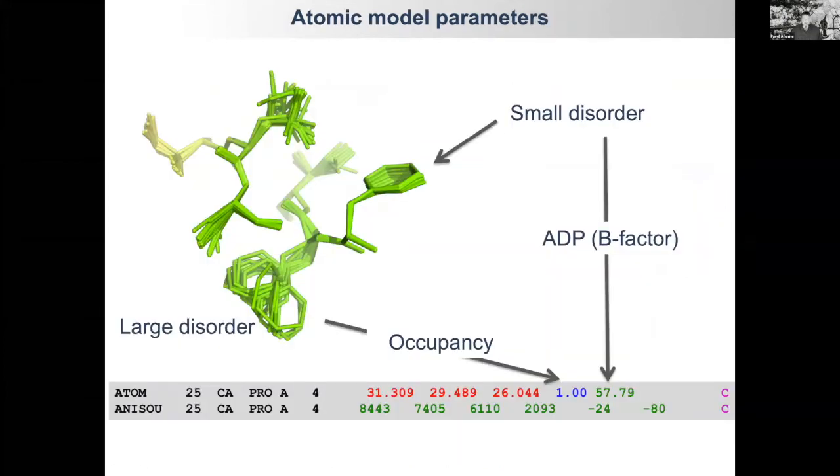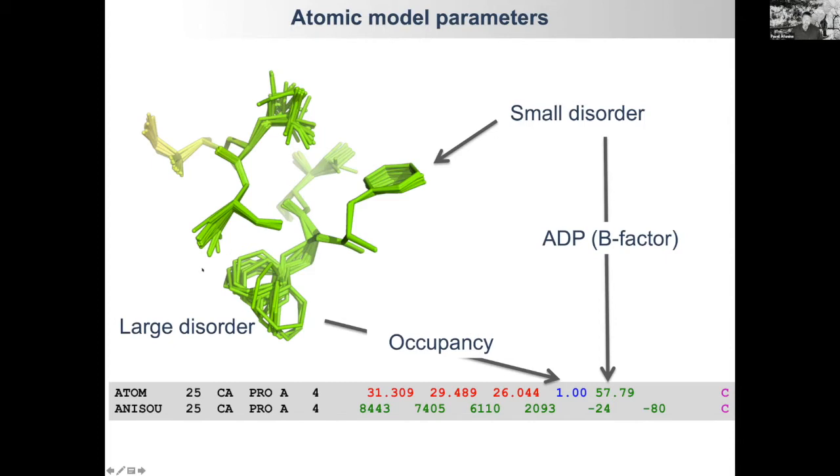Now, as I said two slides ago, there are two ways to account for this, and that depends on the magnitude of the difference between atomic positions across all copies in the unit cell. So we refer to large scale disorder and small disorder.